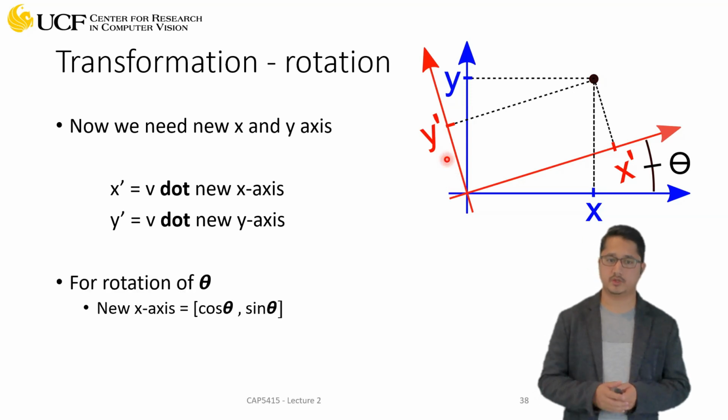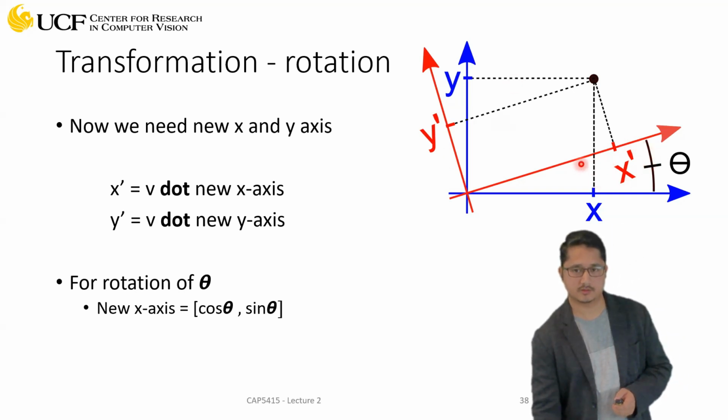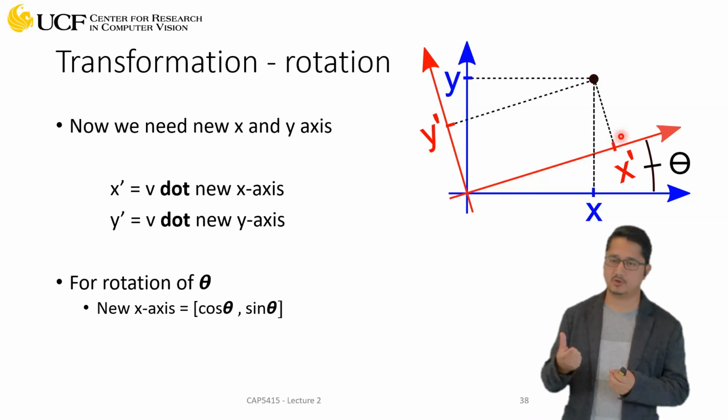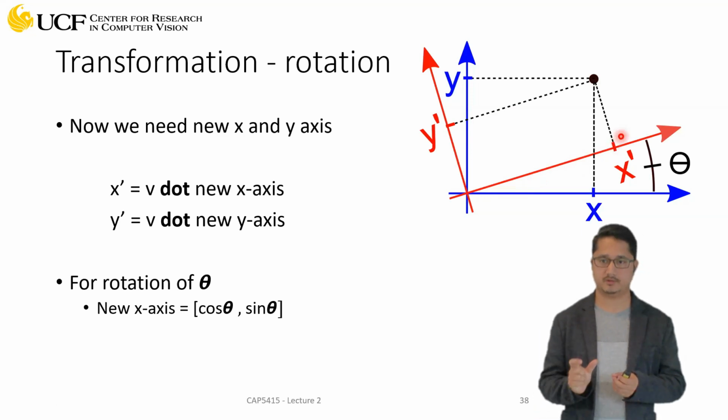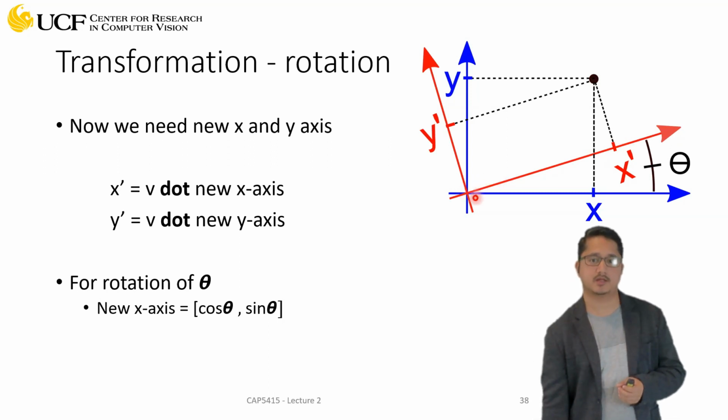So if you have to rotate with angle theta, if this red one is your new axis, and axes you always determine with a unit vector. Okay, so you start from this location, and if you move unit length, which is one unit, that is going to be your x prime axis in this direction.